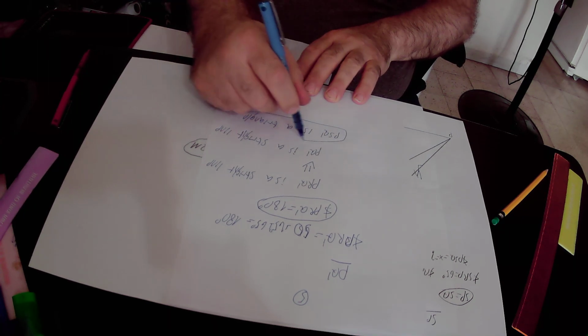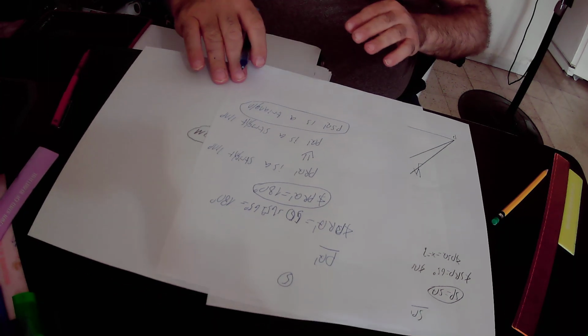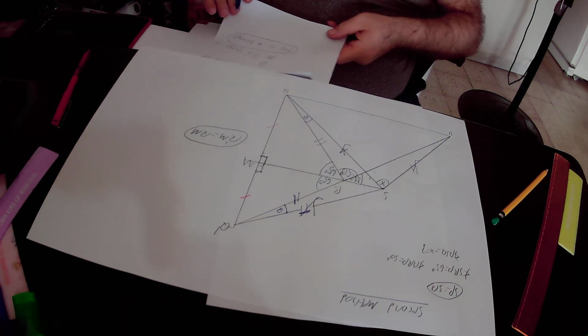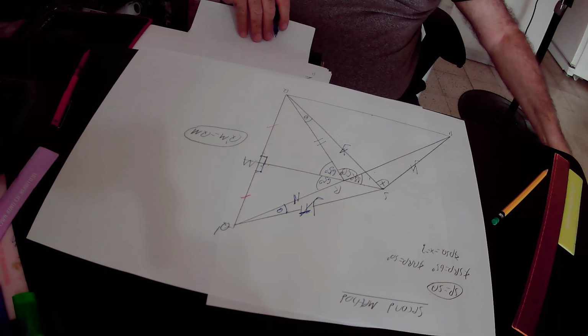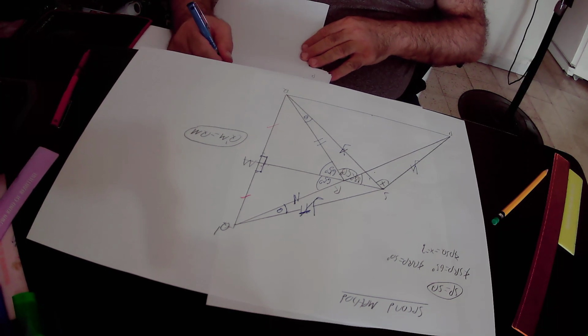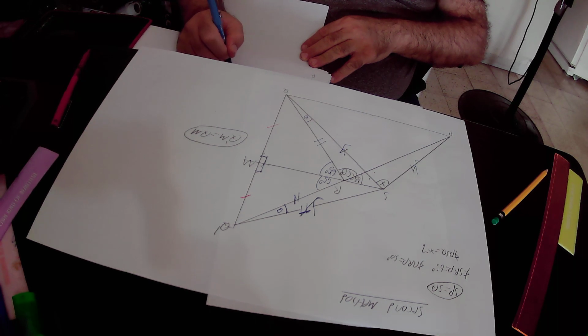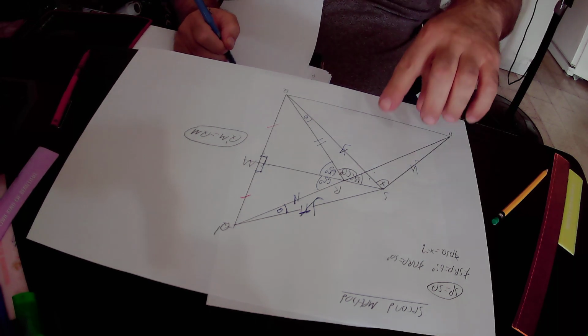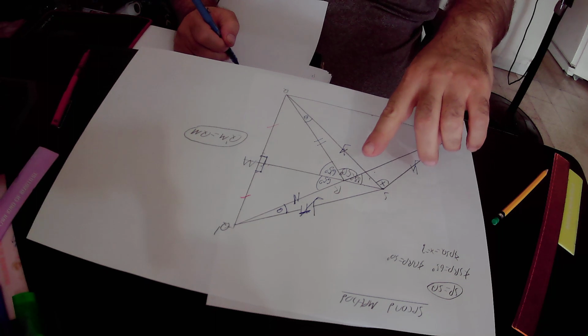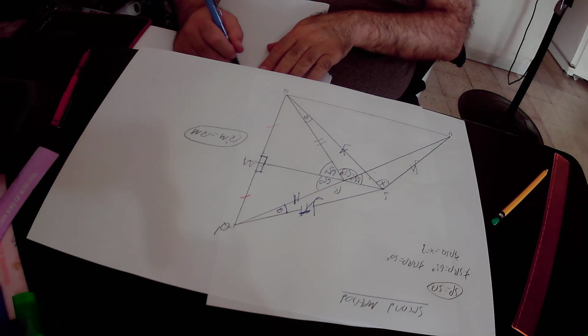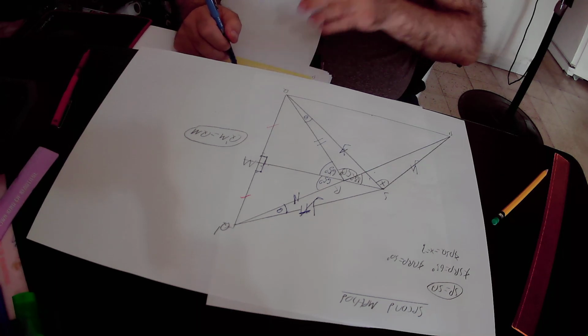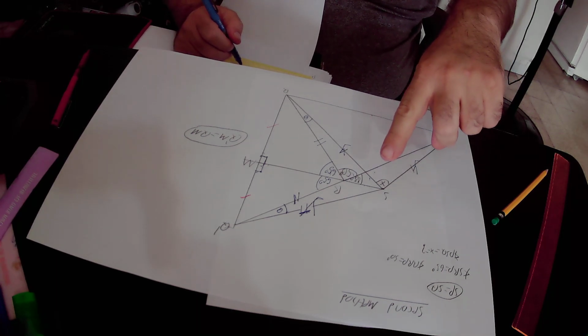So in the big triangle PSQ dash, we have two sides that are equal to each other.